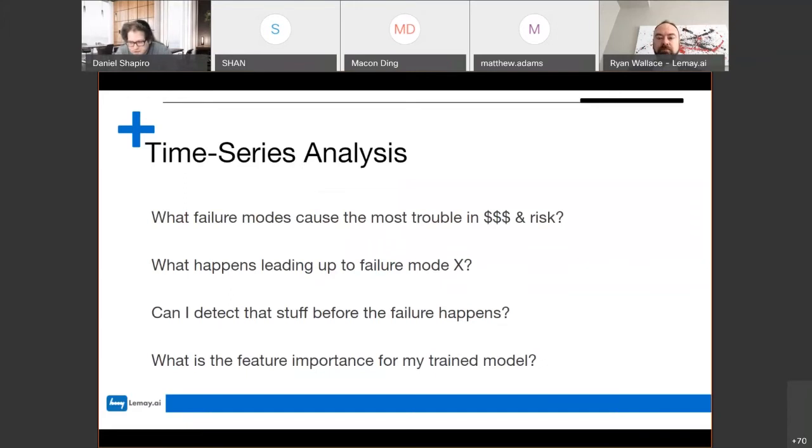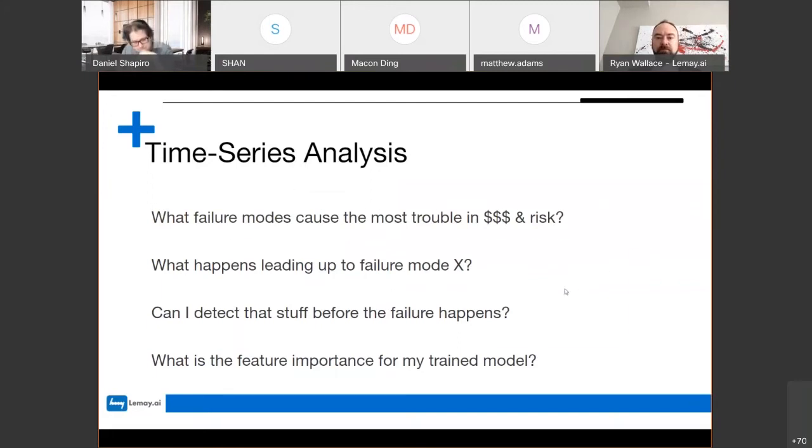Unfortunately, there are situations where you have a correlation, like, hey, I see this trouble code when this failure happens, but it turns out it's maybe like an opposite relationship, like when the motor breaks, then it sets a trouble code, and you're like, great, but it doesn't help me. I need to know stuff before the failure, not after. And so we want to know leading up to the failure what happens. And can I detect that stuff before it happens?